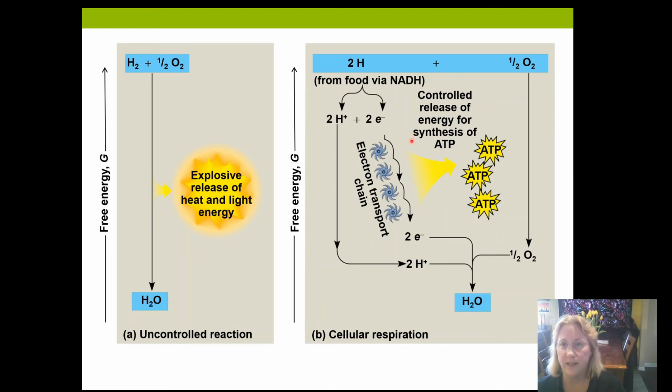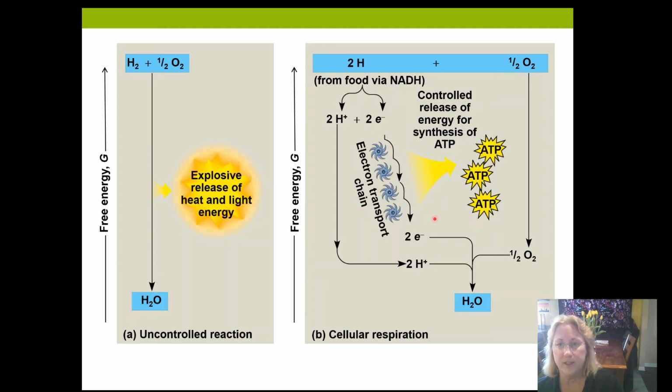But our cells cannot have an explosion to release energy. So instead, these high energy electrons are allowed to step down in energy, one little step at a time. And that energy then is used to do work, which ultimately is going to result in ATP synthesis from ADP.